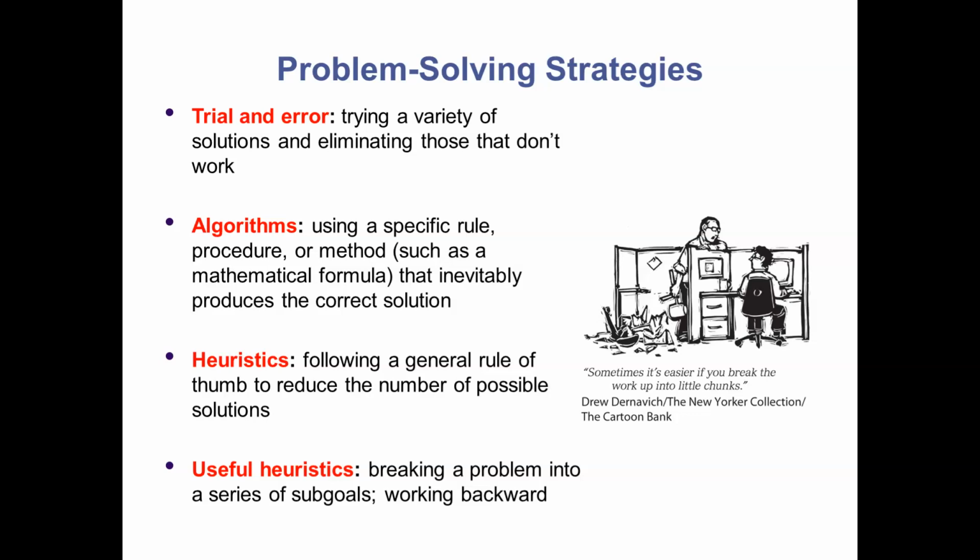Some examples I put down at the very bottom here. Some of the useful heuristics are breaking a problem into a series of sub-goals, kind of like an outline process. Another useful heuristic is working backward, so working from the solution and then working backward toward the problem in order to solve the problem very efficiently.